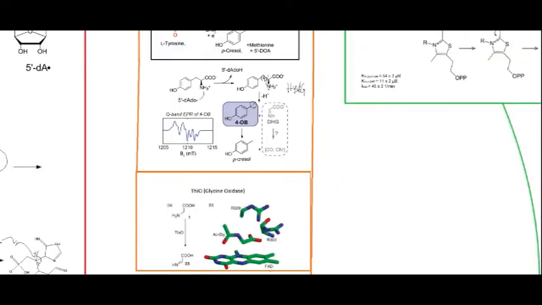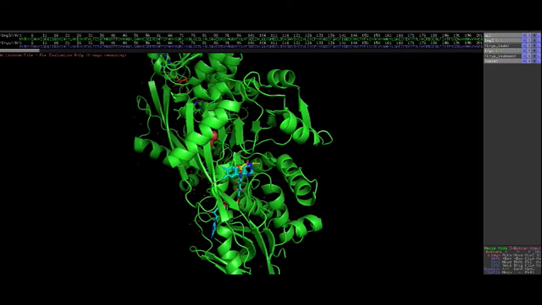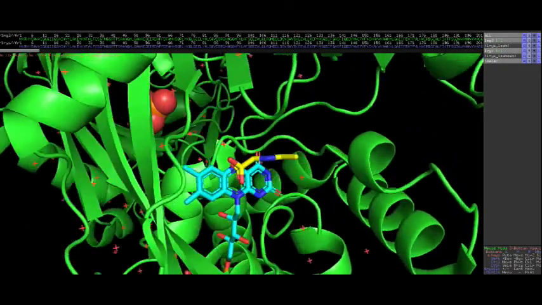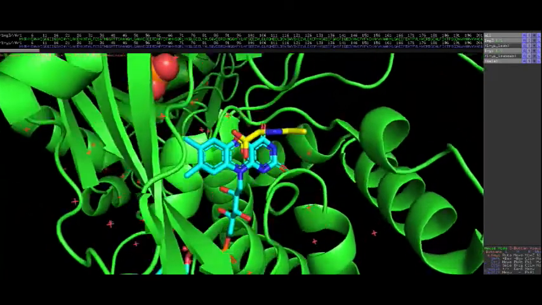So the ThiO, which is just turning the glycine into dehydroglycine, instead of using that ferredoxin, is actually using this FAD, this flavin adenine dinucleotide, which is what I have in cyan here.